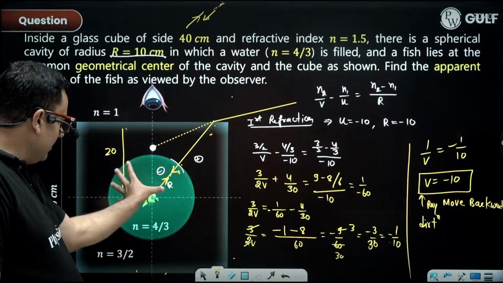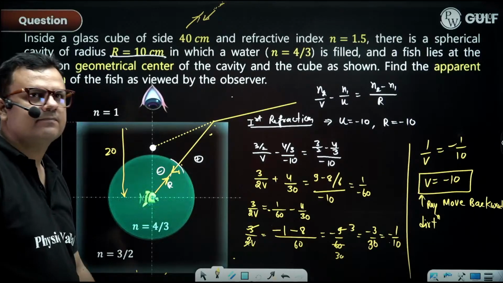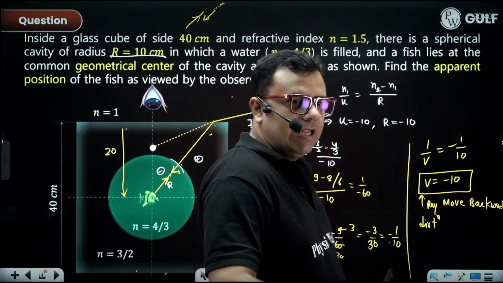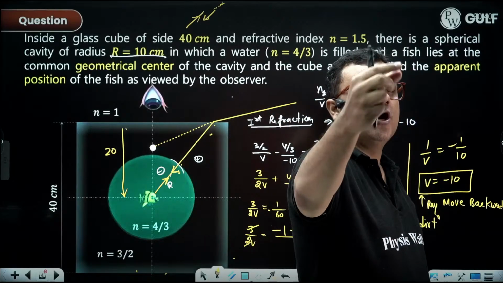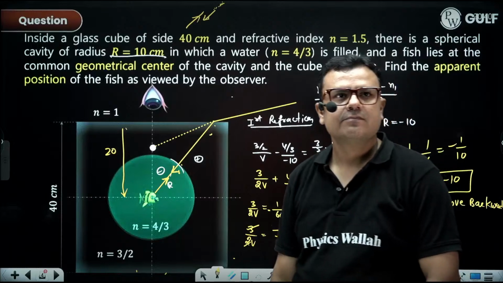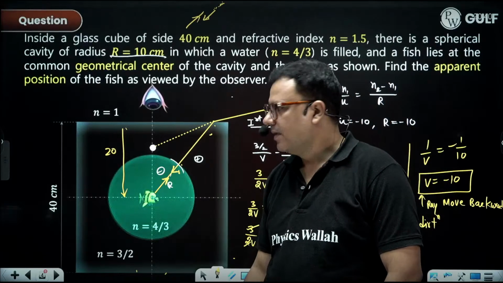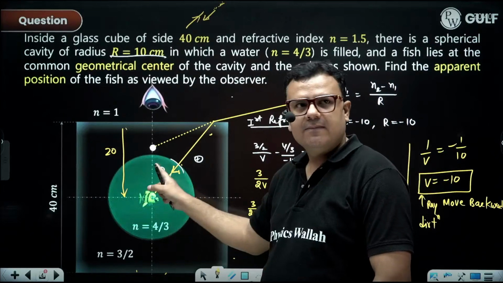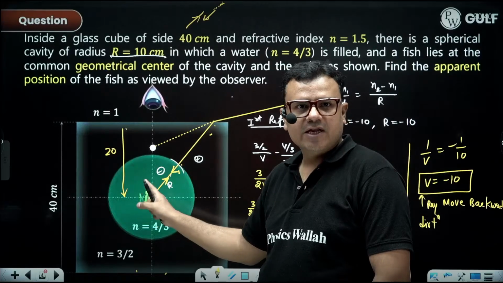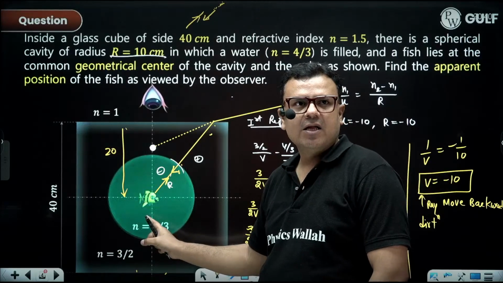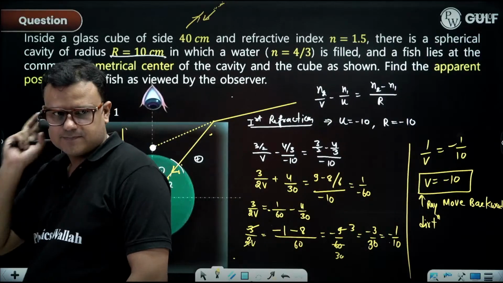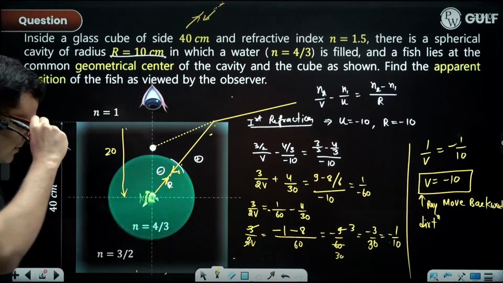In a spherical medium, there will be no deviation. The image is going to be formed on the object itself. It's a spherical refractive medium, so the image is going to be formed on the object itself.